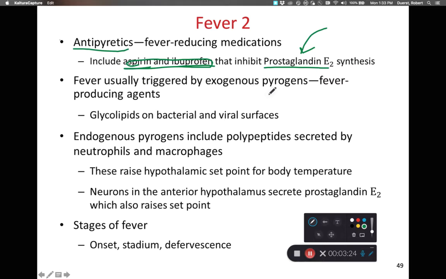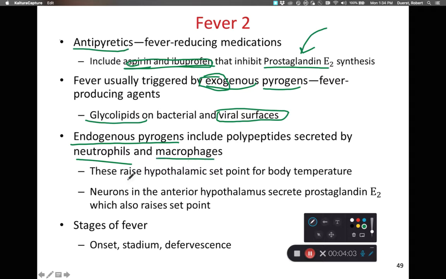To trigger a fever, we need some kind of pyrogen, a chemical that raises our body temperature, that's exogenous. So it's going to be an extracellular pyrogen. As we look at bacteria, the glycolipids, particularly glycolipid A, is a potent pyrogen. Also, the proteins and glycolipids on the surfaces of viruses are capable of inducing fevers. Endogenous pyrogens are pyrogens that don't come from an external source, but instead come from an internal source, like our neutrophils or macrophages.